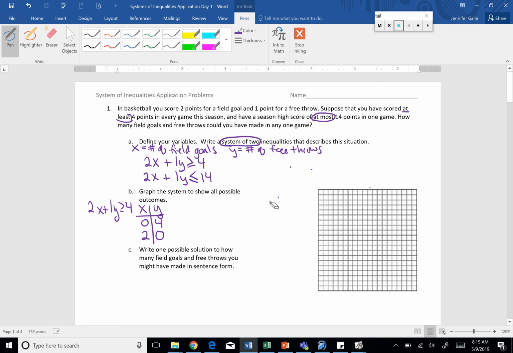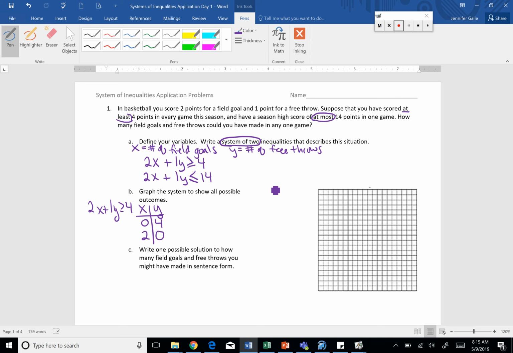All right, and again, show as much work as you need to on those. I know most of you have just gotten the habit of covering up whichever one you're putting the 0 in for, and that works just fine. If you need to write out the work, actually writing the zeros in there, then you stick with what works for you. We've graphed a whole bunch in standard form, so you do what works for you at this point. All of you can graph in standard form. I know you can.